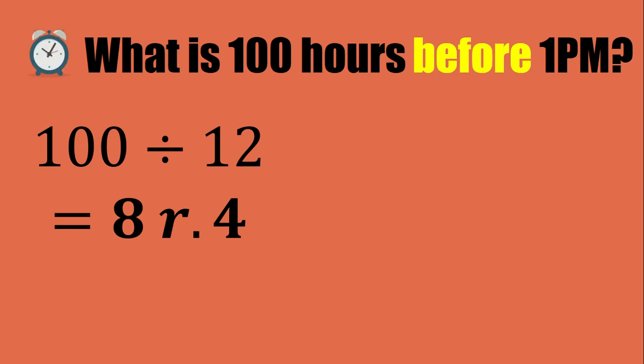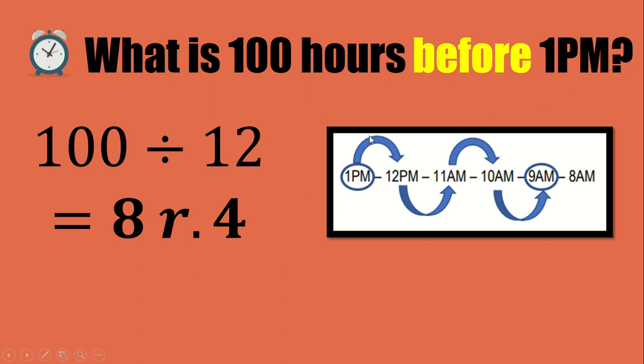But look at this. Given that we have here the word before, instead of adding that 4 hours, we're going to subtract it. Given that we have the same reference time, which is 1 p.m., let's just go back 4 hours.